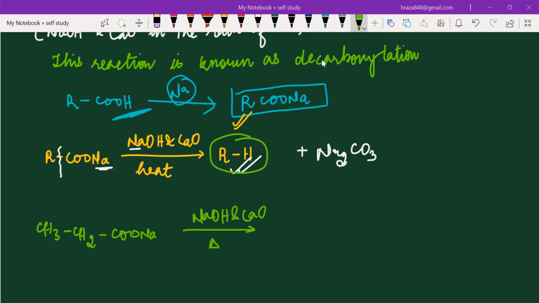We have studied this in class, so it will be ethane. Ethane. Very good.